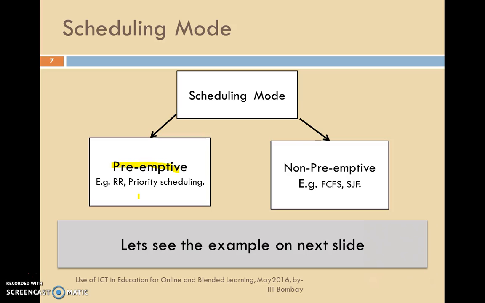So the current process is preempted and the CPU switches to the next higher priority process.